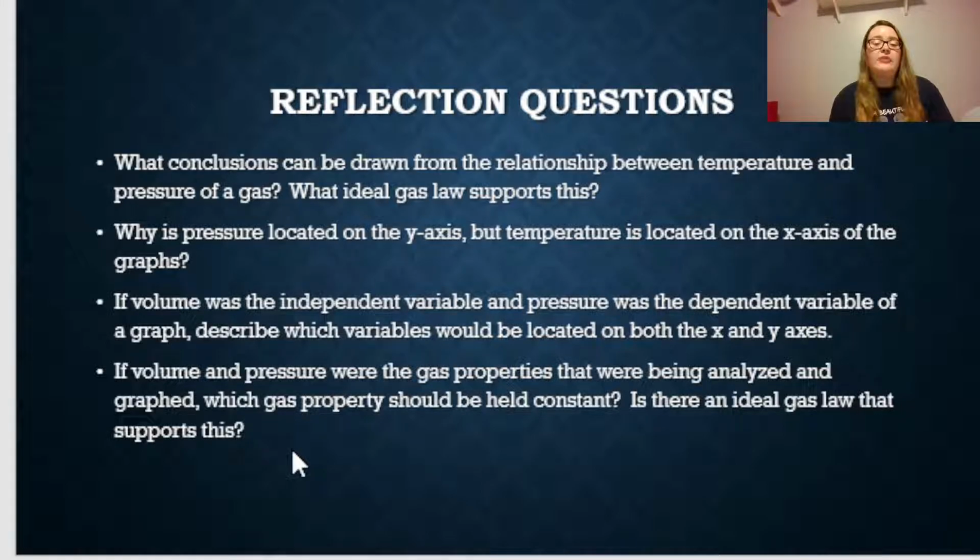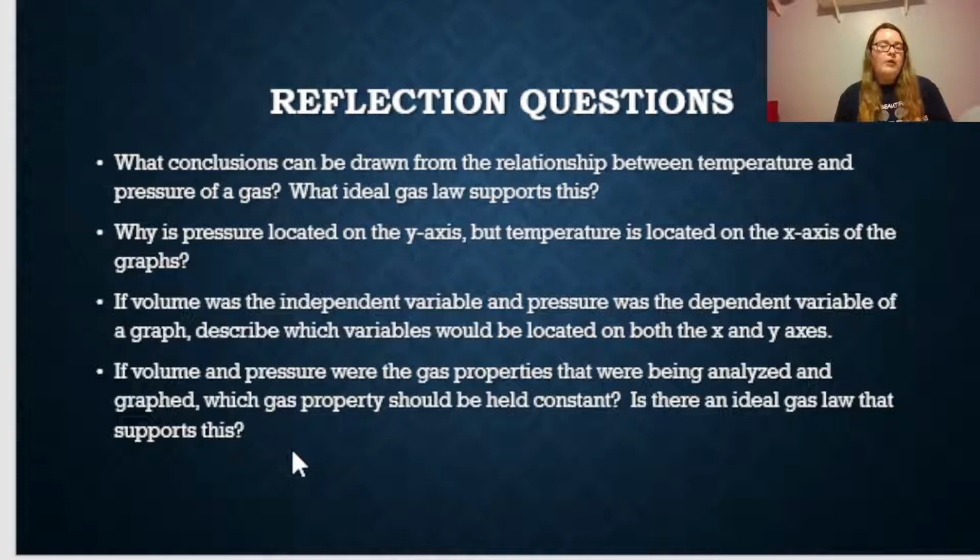And another reflection question could be, if volume and pressure were the gas properties being analyzed and graphed, which gas property would need to be held constant? If we were wanting to analyze volume and the pressure, we would need to keep temperature constant. So in that simulation, if the students were wanting to investigate what happens with pressure and volume, they would need to keep the temperature constant.